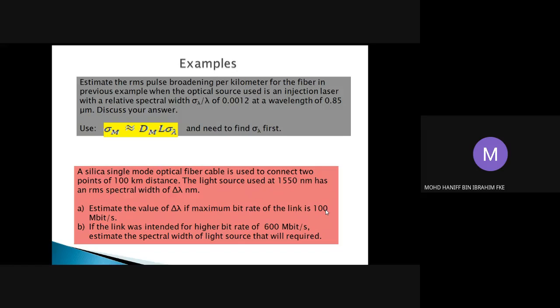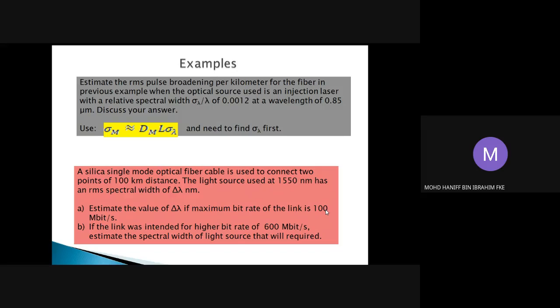The first is when we consider no overlapping of the pulses: BT is 1/2 delta tau. And if we have an RMS case, BT is 0.2 divided by sigma. You can refer to lecture 6 part 1.